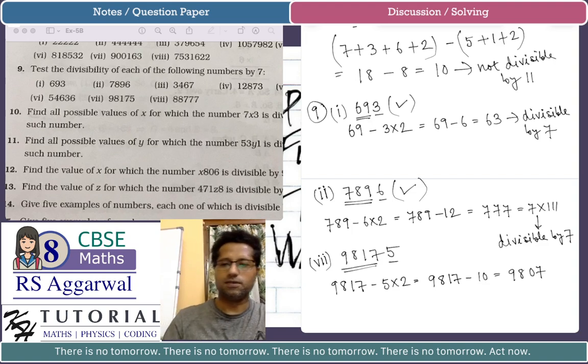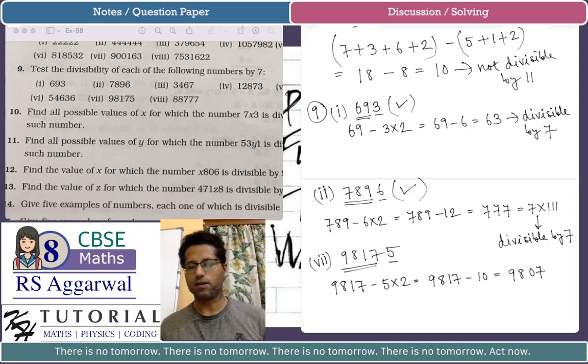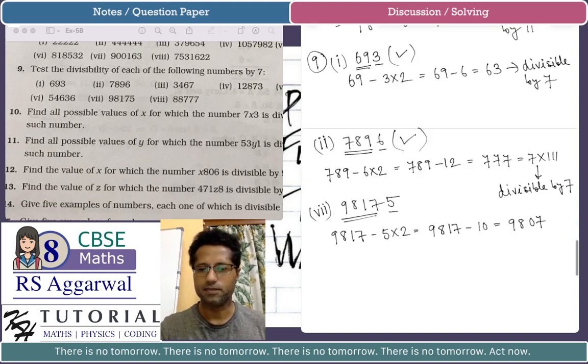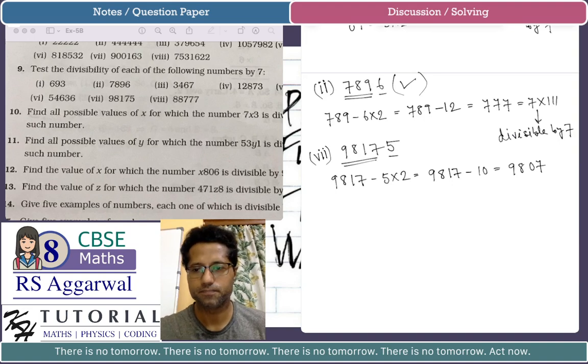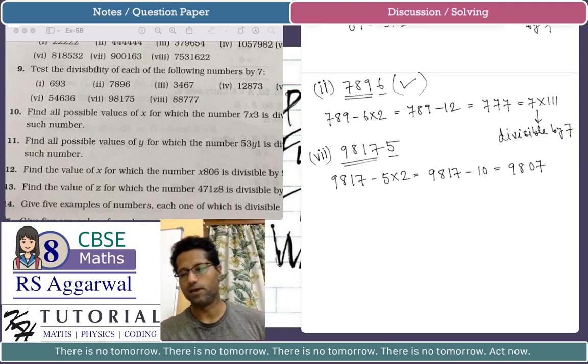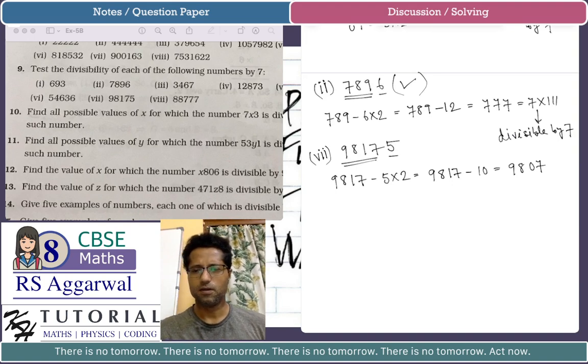Now, since this is a pretty big number, you can apply the same rule again for the number 9807. You can check whether this is divisible by 7 by doing a quick division. Will it divide by 7? Let me see.